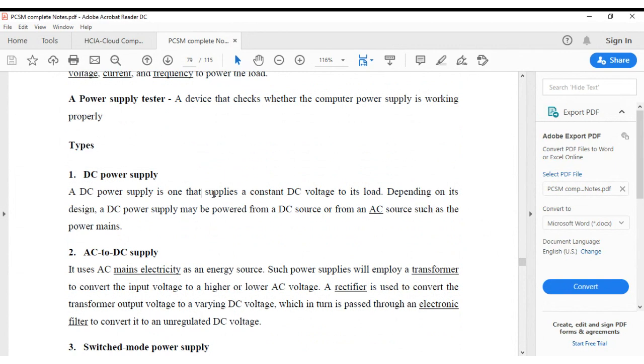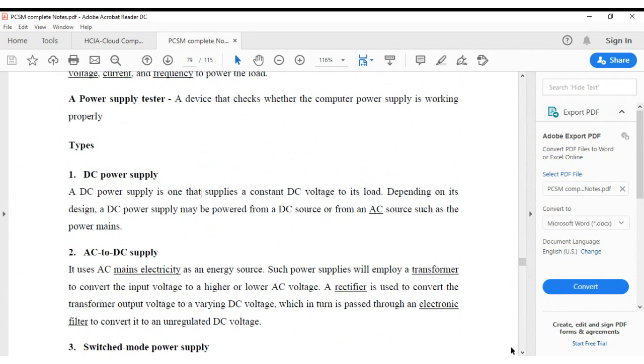The power supply that does not need to convert AC to DC converts directly to DC.